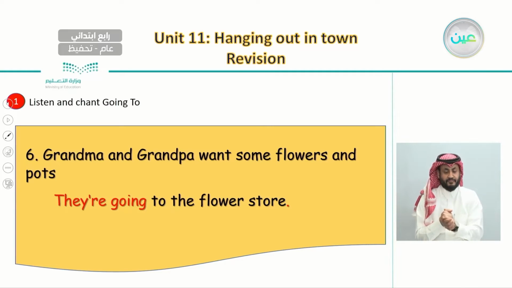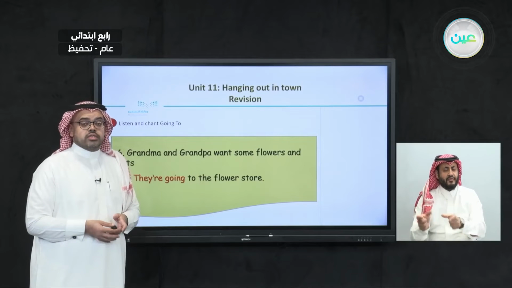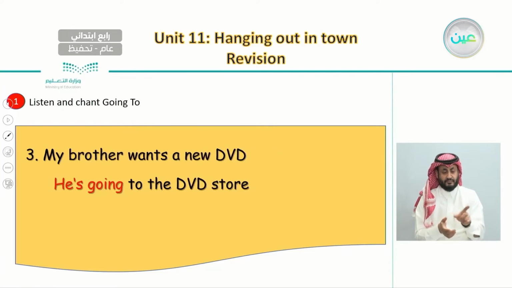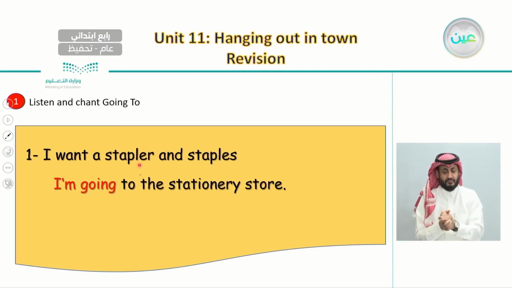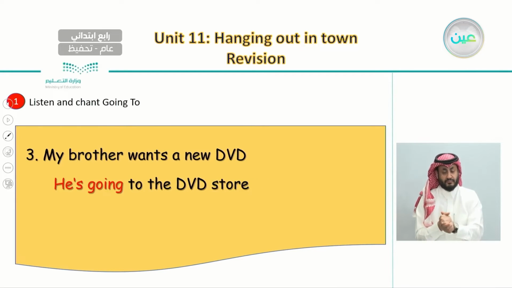So, in these 6 sentences, we listened to different examples about different people and where they are going to buy each of the items they need. For example, with number 1, when I say stapler and staples, I need to go to the stationery store. When we talk about candy, they are going to the candy store. My brother wants a new DVD, so he is going to the DVD store.